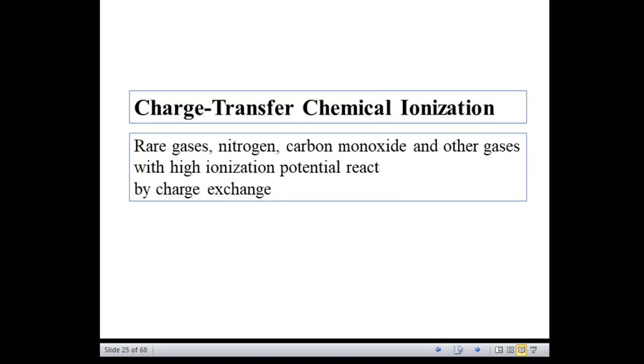Then we have charge transfer chemical ionization. Rare gases, nitrogen, carbon monoxide and other gases with high ionization potential react by charge exchange.